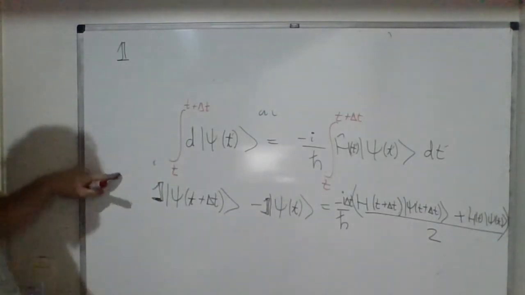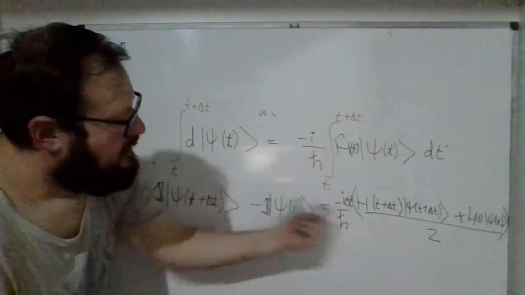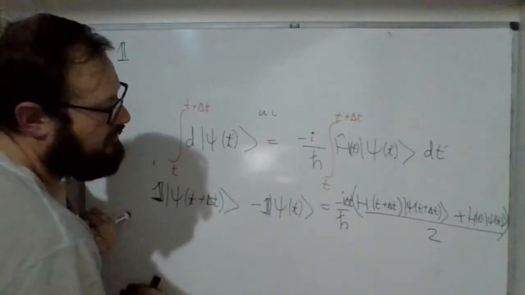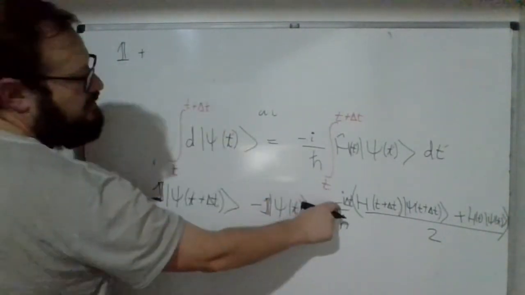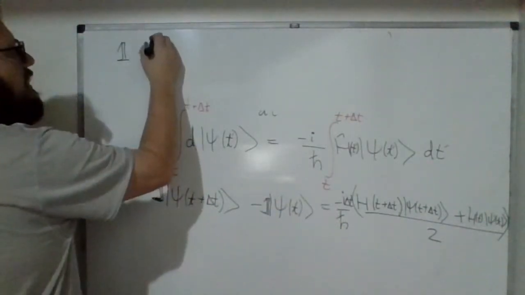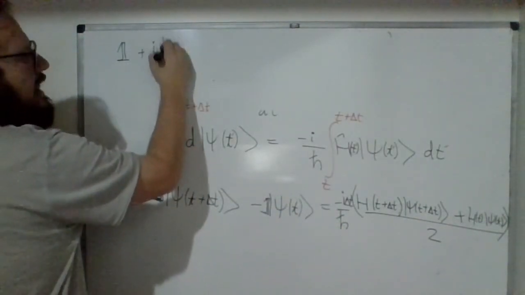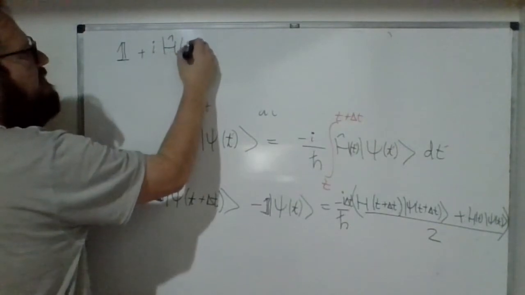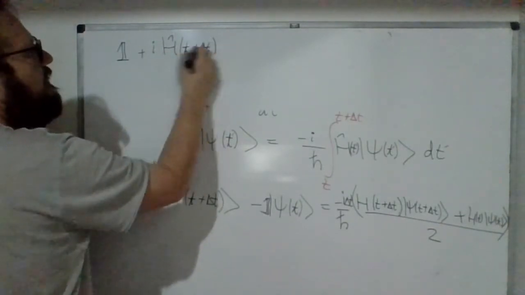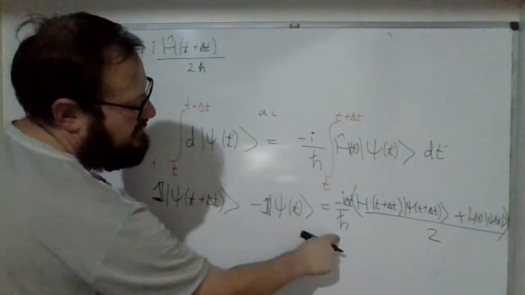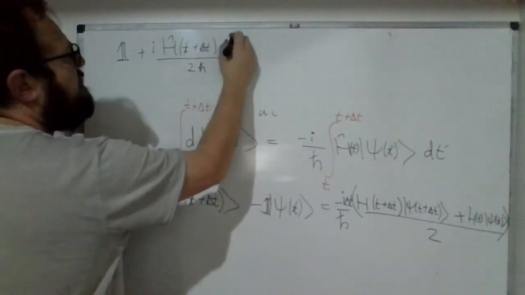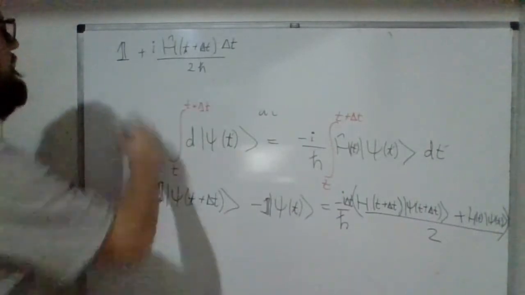So the identity matrix, and when we bring it to the left hand side, we will have plus, because this minus becomes plus, i, the Hamiltonian evaluated at time t plus delta t, divided by 2 h bar, twice the h bar, and times delta t, right?